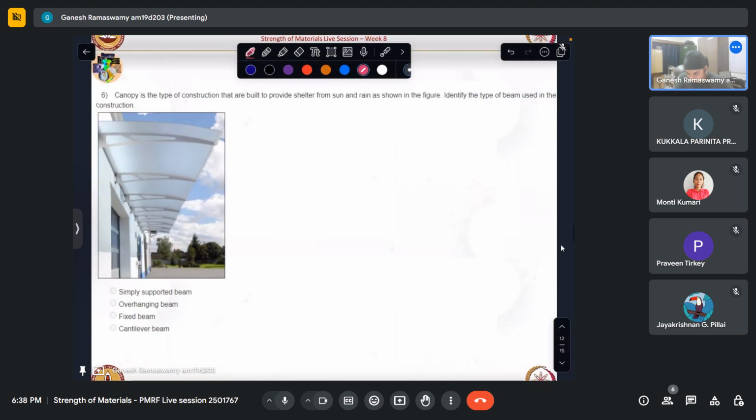All right. A canopy is a type of construction built to provide shelter from sun and rain, as shown in the figure. So we see here that we have a wall, and this frame is essentially clamped to the wall by some means, and it is projecting this way.